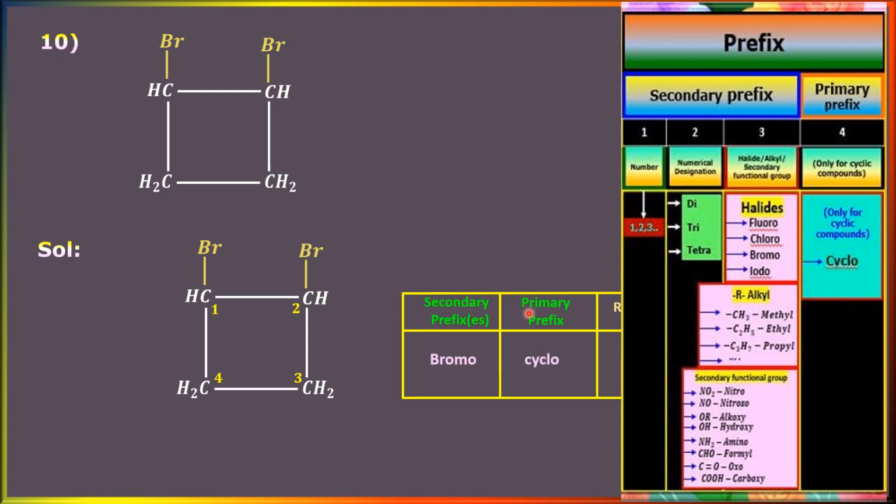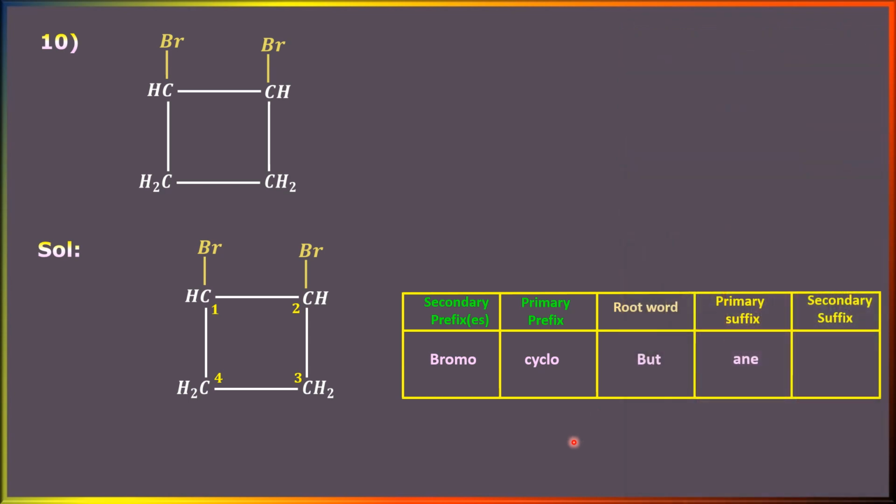Next, the secondary prefix is bromo. Substituents like halides are called secondary prefixes. So the name of this alicyclic organic compound is 1,2-dibromocyclobutane.